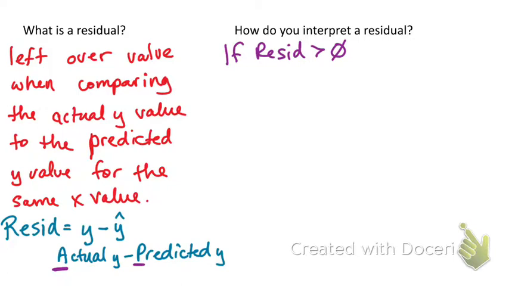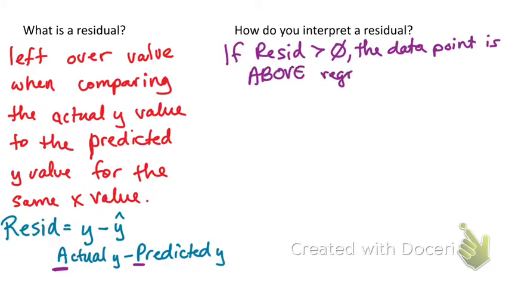Which number was bigger, the actual or the predicted? The actual. And the actual Y value came from the data point, the dot. That means the dot is above the regression line. That means the data value is above the regression line. The data point is above the regression line.